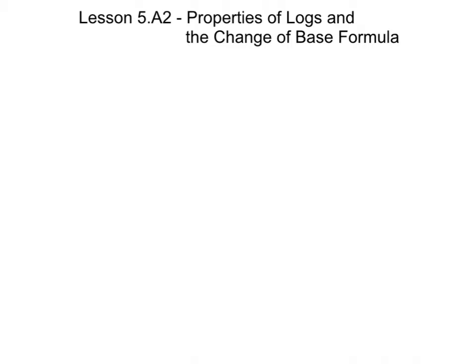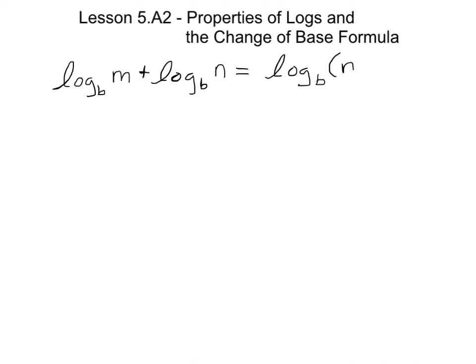The first property states that if you have any log, so the log base b, any base you want, of m, plus a log of exactly the same base of something else, you can combine those two logarithms into one logarithmic expression, the log base b, by multiplying what's inside of them.